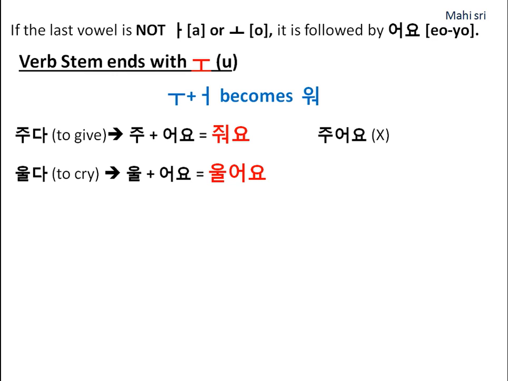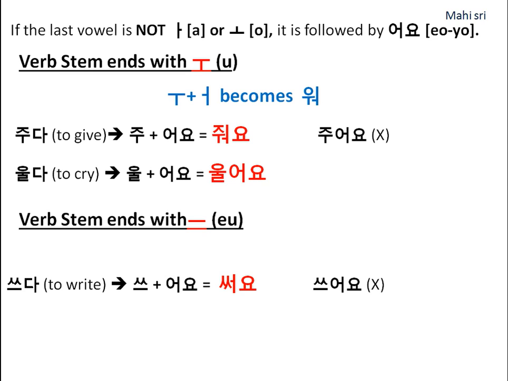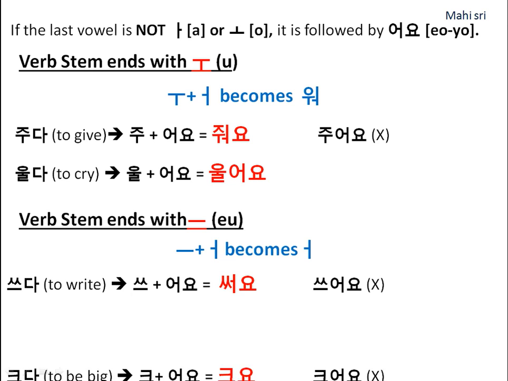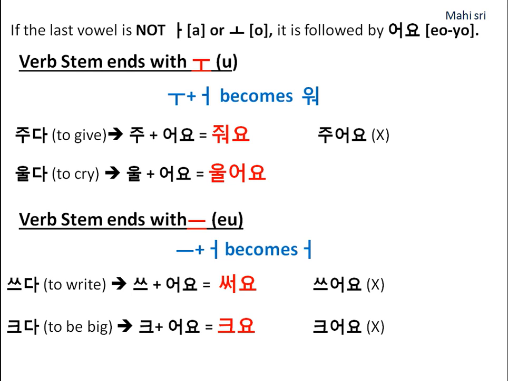Actually, I'm an Indian, so I might pronounce things a little differently from native Koreans, so please understand that. Verb stem ending with u: suda, to write, becomes su plus oyo, soyo. Here is another exception: u plus o becomes o, so suda becomes soyo, and kuda becomes koyo, but not suoyo, not kuoyo.